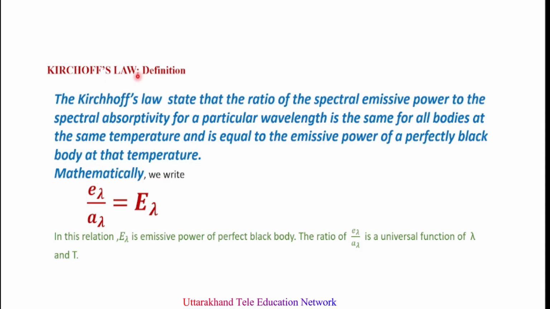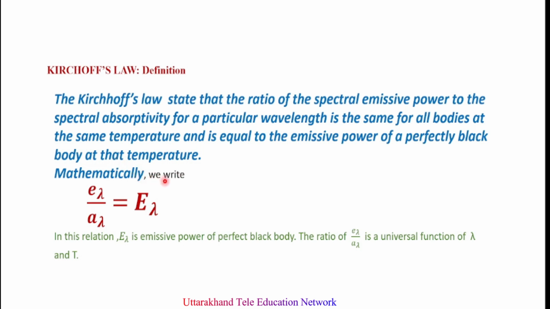Now this is the definition of Kirchhoff's law. It states that the ratio of spectral emissive power to the spectral absorptivity for a particular wavelength is the same for all bodies at the same temperature and is equal to the emissive power of a perfect black body at that temperature.